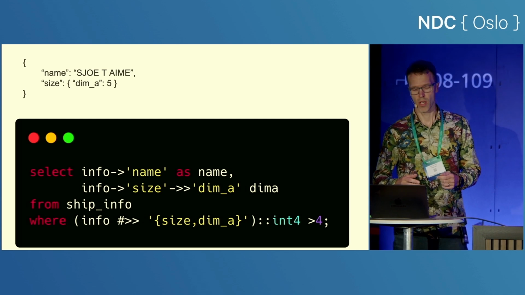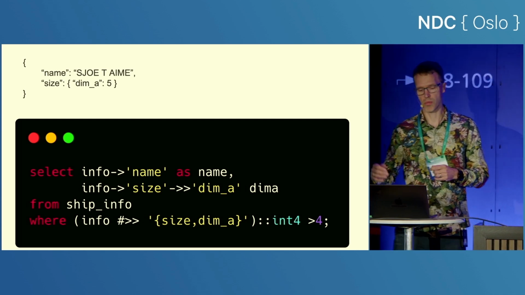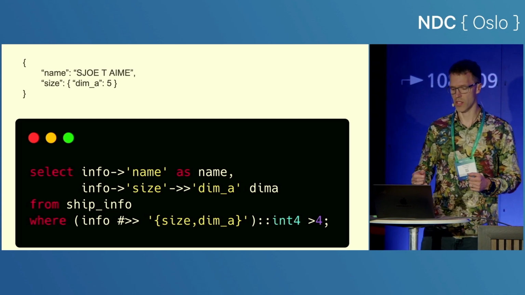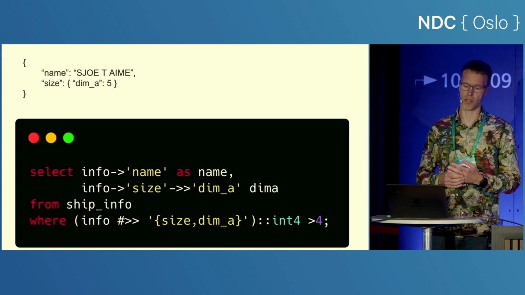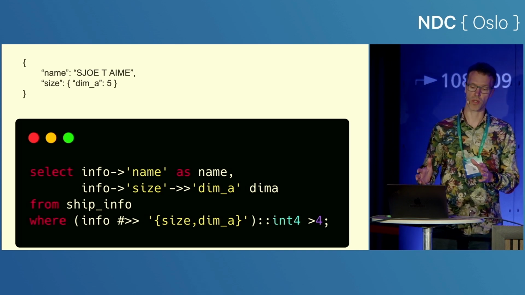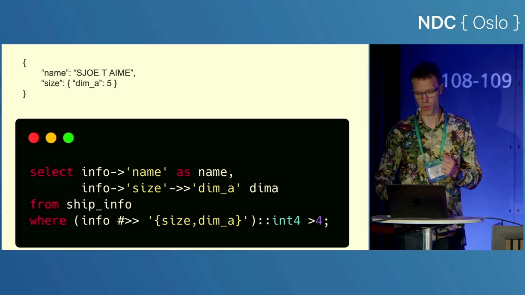To extract the name, I have to use this arrow or double arrow syntax, and for the selection criteria, I have to use this hash syntax or some other functions provided by Postgres. So you see the SQL is getting a bit difficult, but at least I run it in a database with SQL.